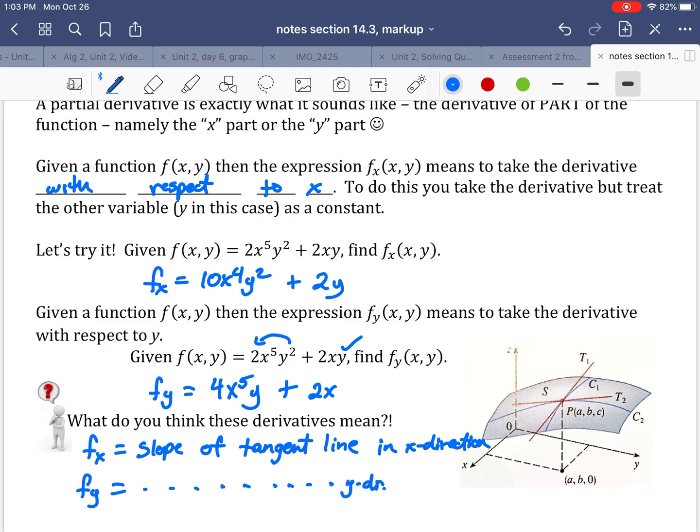On this picture over here, this T1 right here is the slope of the tangent line in the x direction, so it's kind of parallel to the x-axis, and T2 is your velocity or your slope in the y direction, so it's kind of parallel to the y-axis.